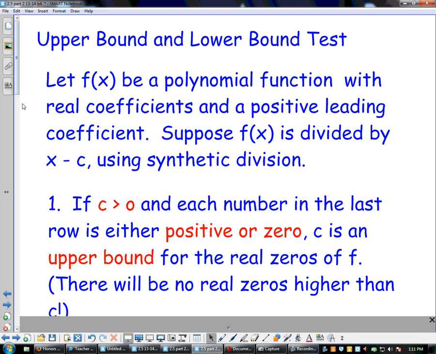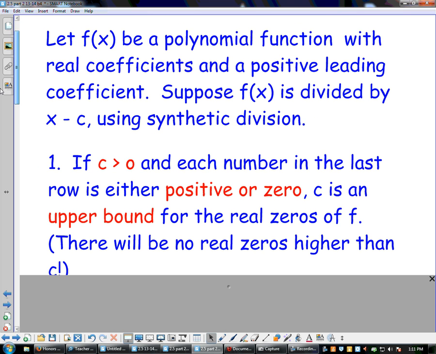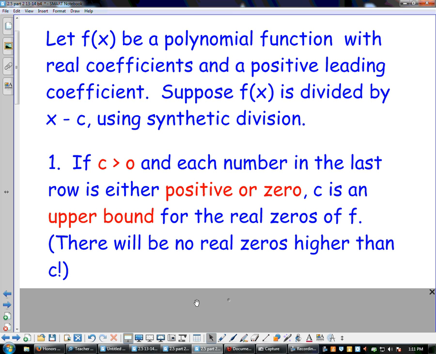Well, if c is greater than 0 and each number in the last row of your synthetic division process is either positive or 0, then c is an upper bound for the real zeros of f. What does that mean? If it's an upper bound for the real zeros, that means there will be no real zeros higher than c.